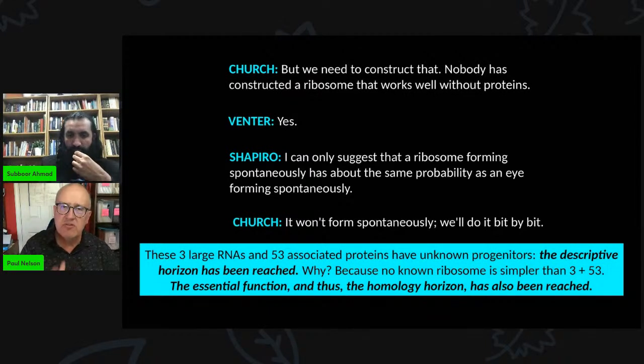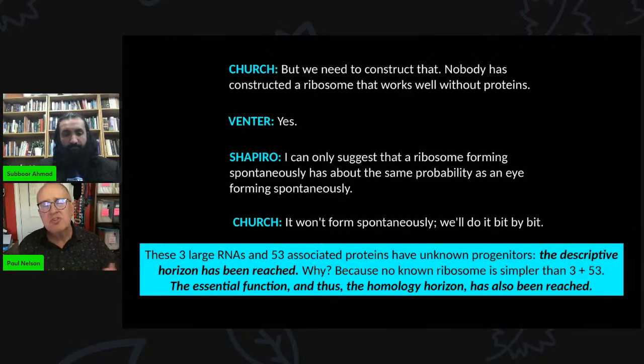Now, that was the case in August 2007. To my knowledge, it's still the case today in May 2023, that actual functional ribosomes bump up against this lower threshold of complexity, below which the essential functions of reading messenger RNA and constructing proteins are lost. And then Shapiro chimes in.